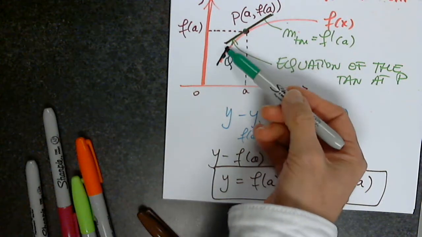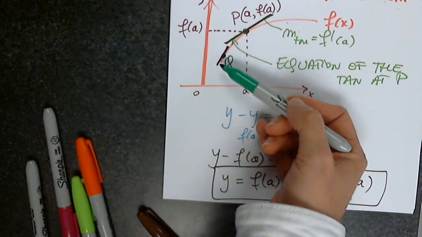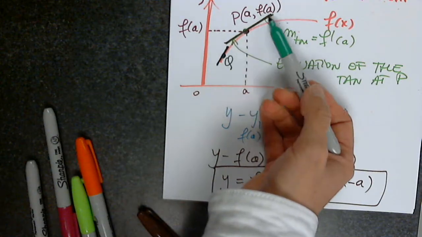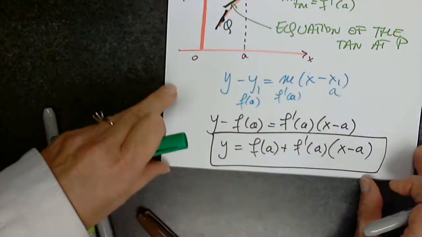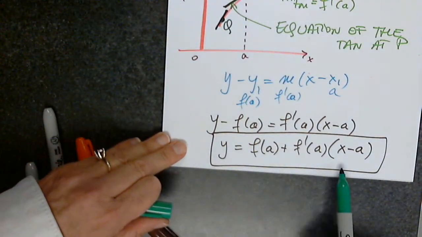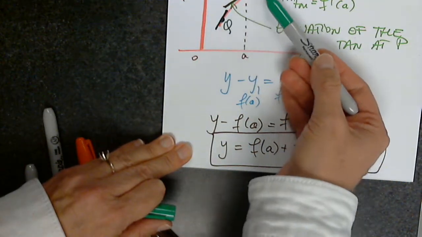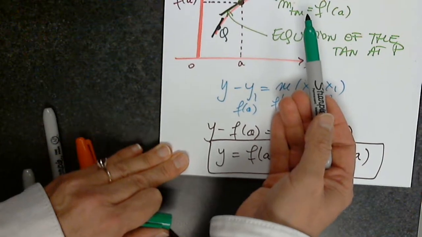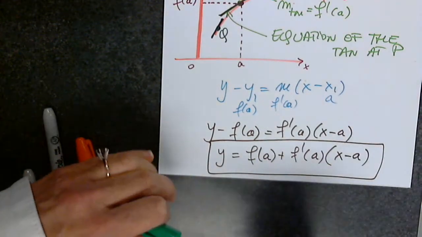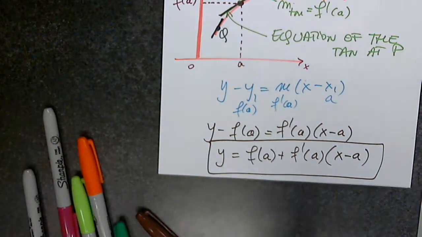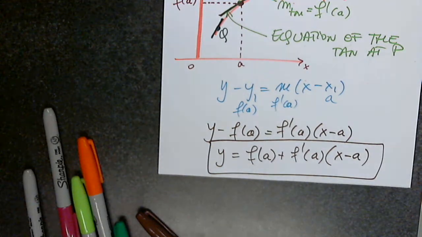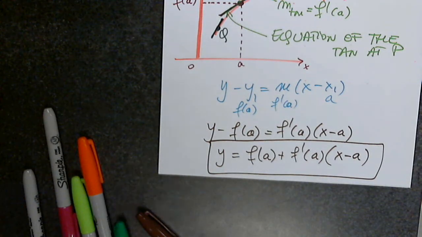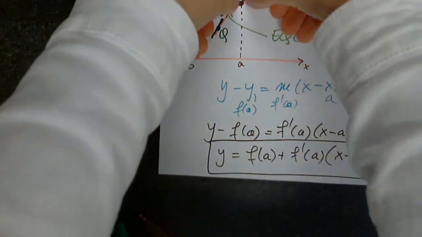This is much more acute, much higher positive slope. This is much less. So this equation, of course, changes as the point moves on the graph. Would you agree?